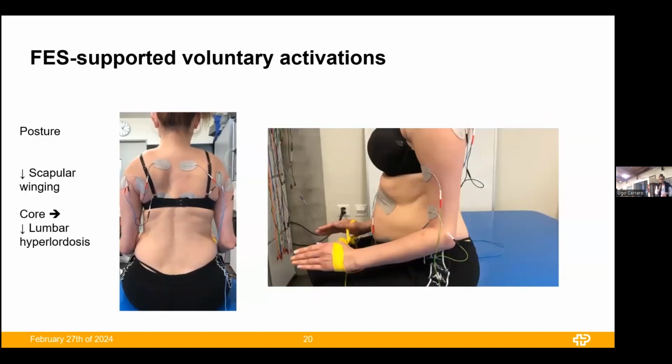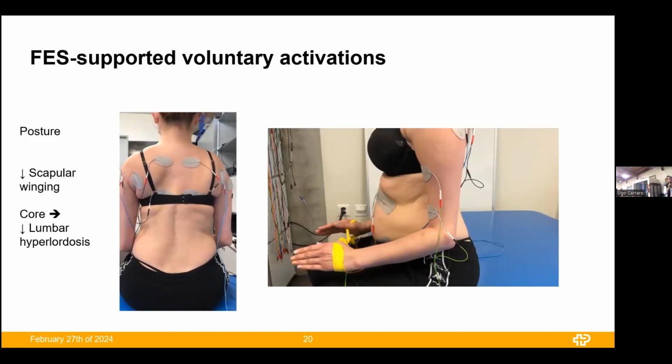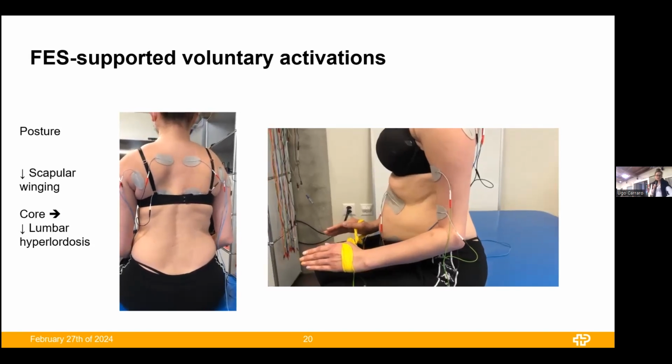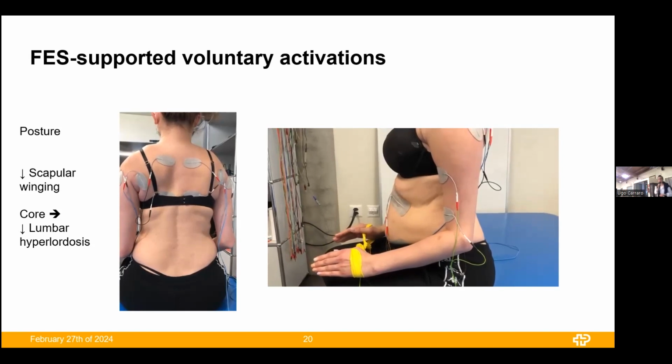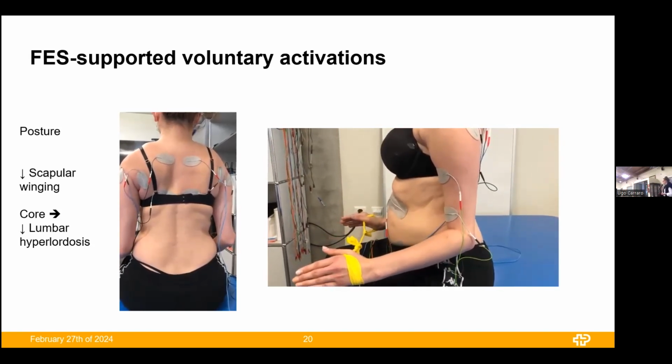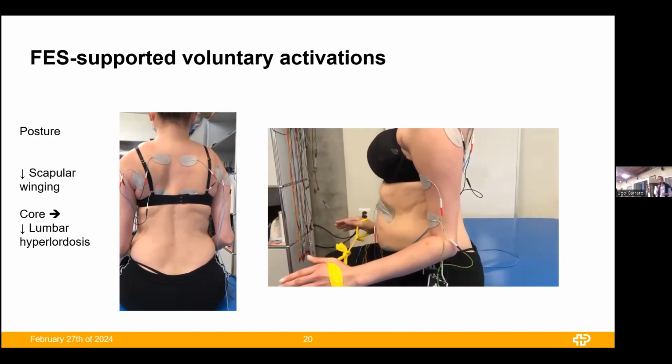I mentioned posture training. So we stimulate the muscle around the shoulder girdle to decrease the scapular winging. And we also stimulate the core to decrease the lumbar hyperlordosis and combine it with exercises where she is supposed to also contribute to the movement.